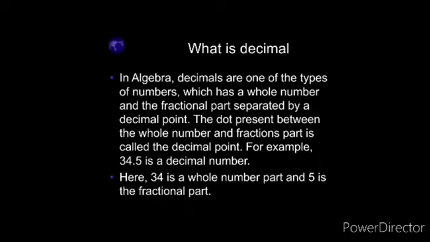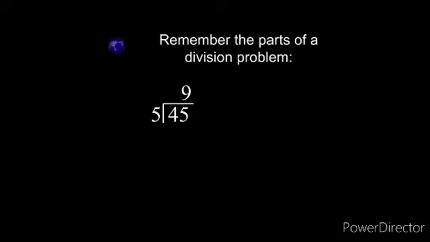Okay? So before I give examples on how to divide a decimal number, let us first remember the parts of the division problem. So for this example, 45 divided by 5 equals 9.